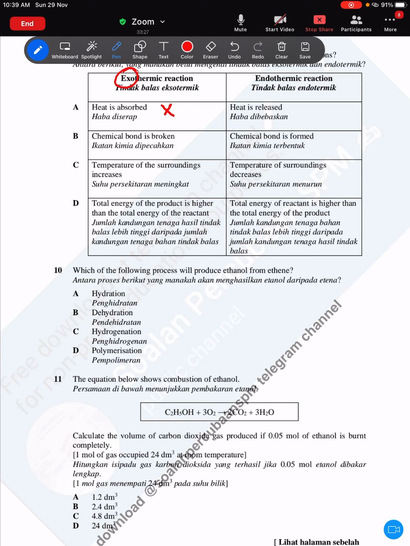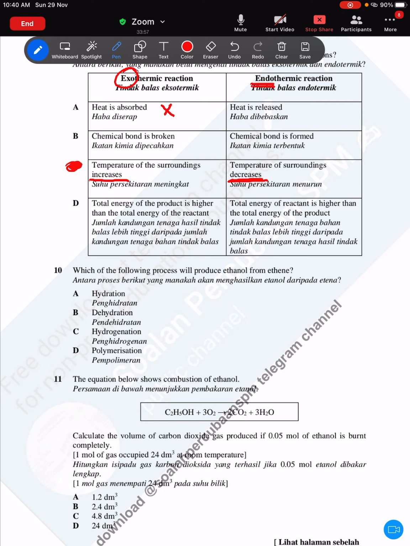When the heat is going out, the temperature increases or decreases? Increases, so C seems correct. Endothermic, you are absorbing the heat. When you absorb heat, the temperature will decrease. So the right answer is C. That's how I do it.